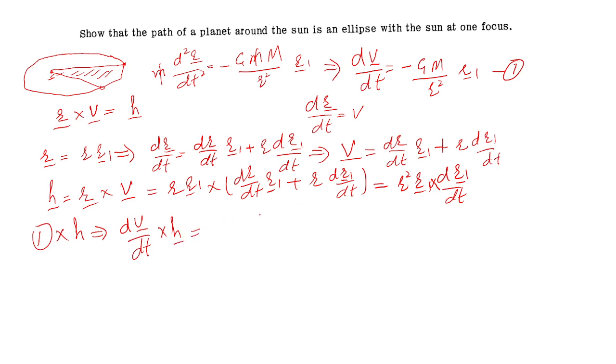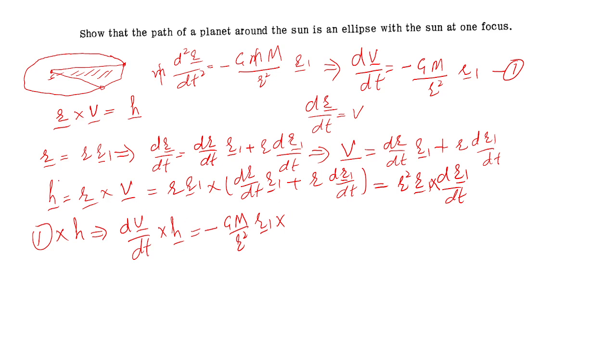On the left side, what is the value of dv by dt? That is minus gm over r square r1, cross h.